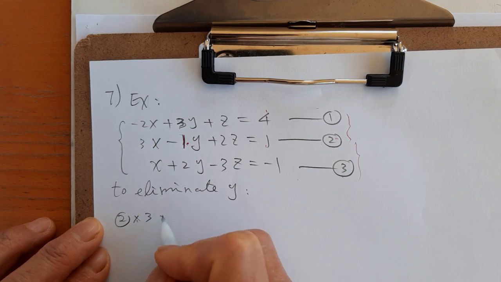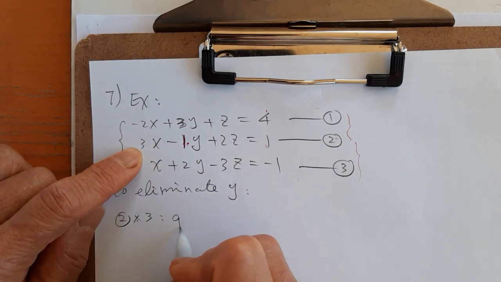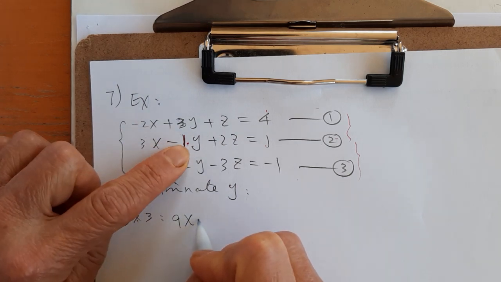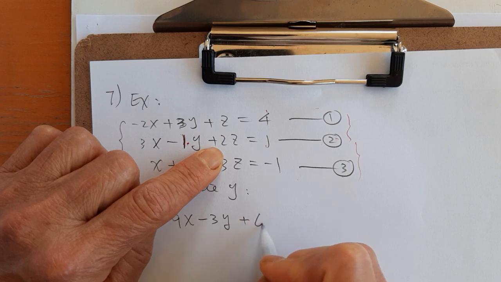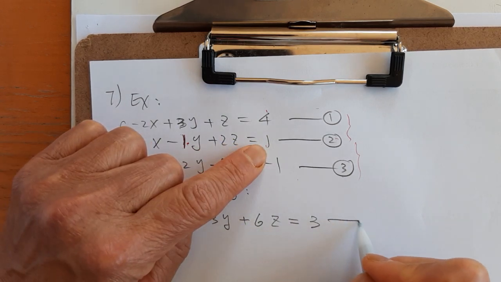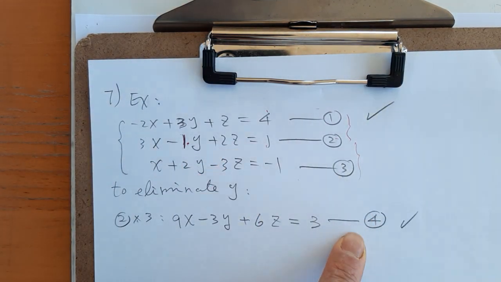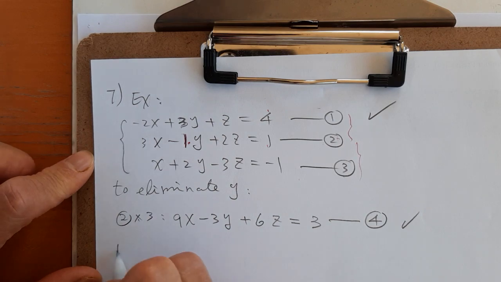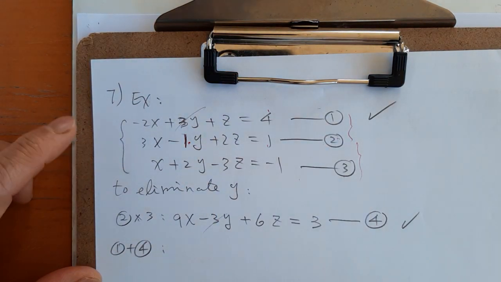Times by 3. Then you will get 3x times 3 is 9x, and -y times 3 is -3y, and 2z times 3 is 6z, equals 1 times 3. Then you can call this the fourth equation, combined with the first equation, add together. First equation add fourth equation. Then the y terms cancel.